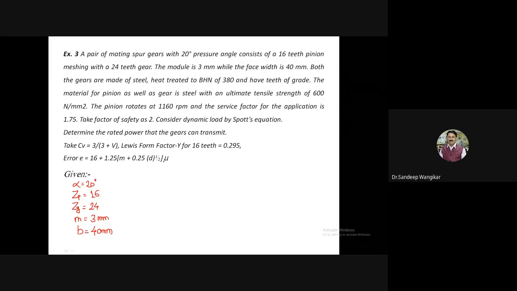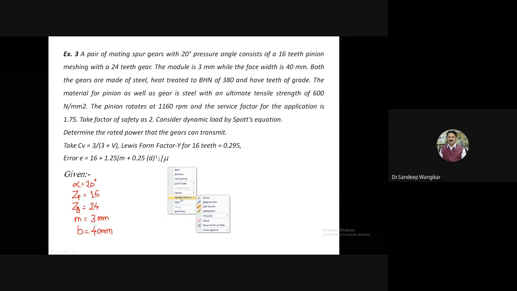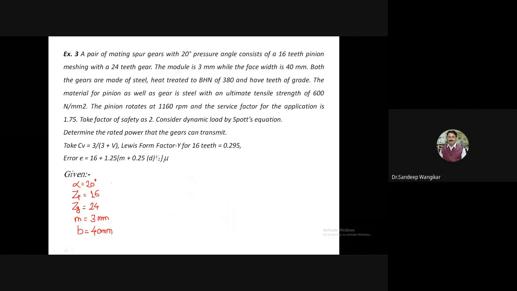Both the gears are made up of steel, heat treated. So next point, what I will write. Both the gears are made up of steel material and Brinell hardness number is given.